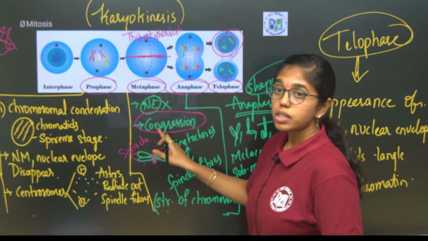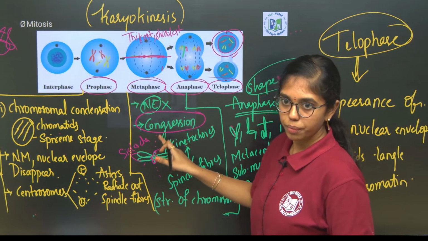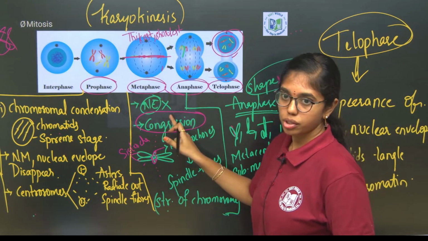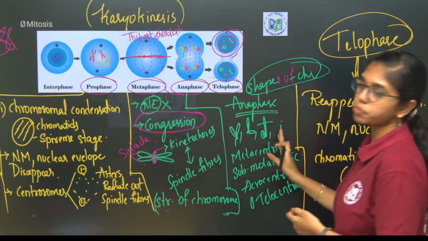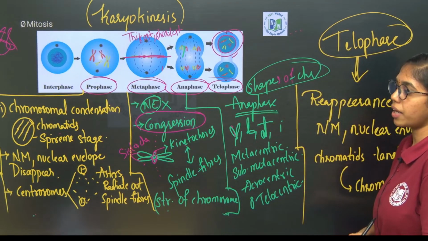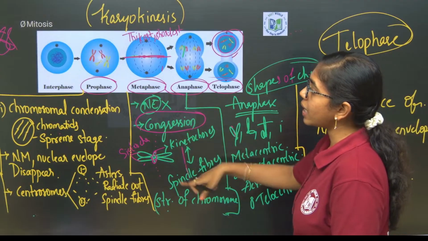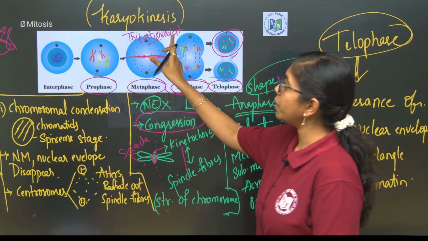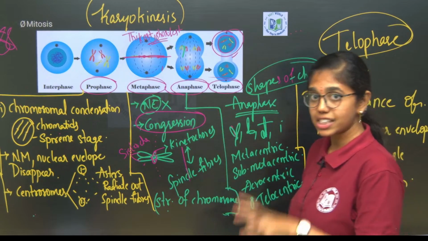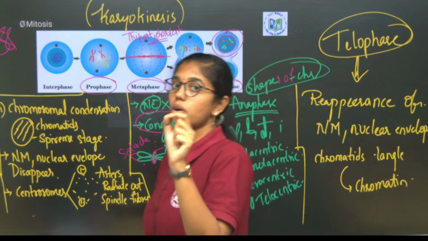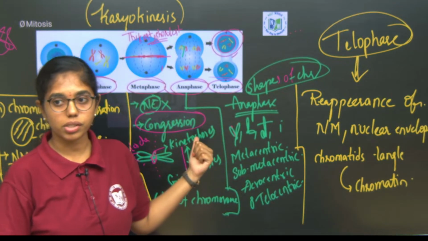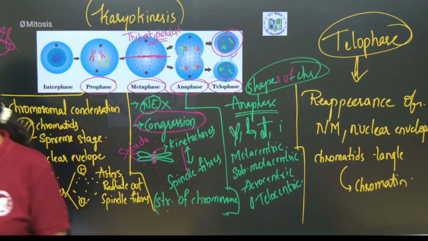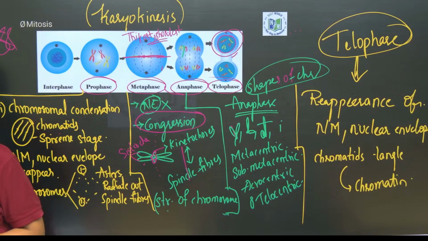To these, spindle fibers will be attached by the asters. Centromere splitting takes place in anaphase. These are the events that happen in metaphase, and most importantly the chromosome structure will be thickest and shortest. As such, you can clearly see the chromosome structure in metaphase. Okay, clear Abdul? Respond.